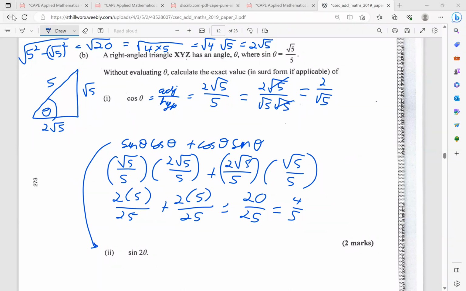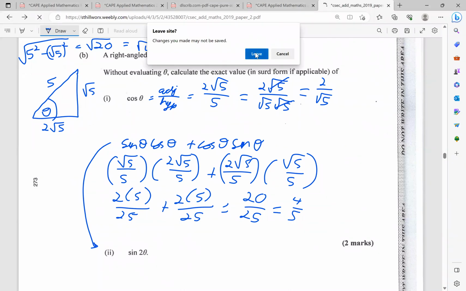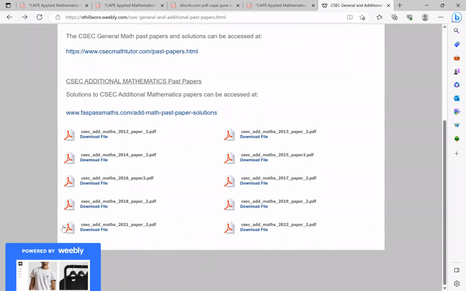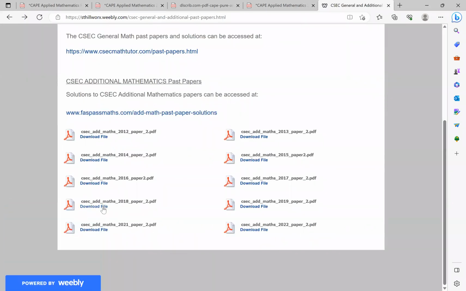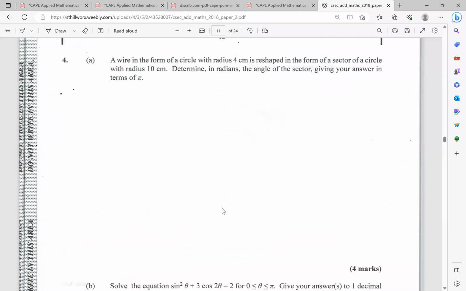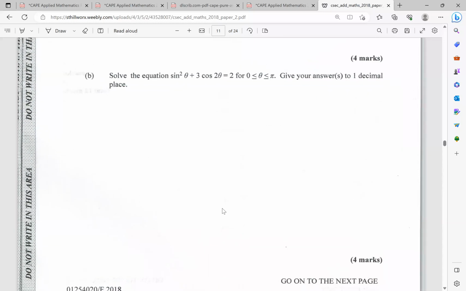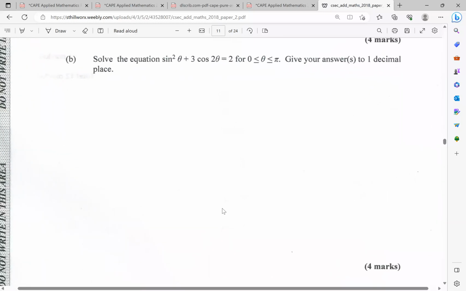All right. So look at the 2018 people, and then we'll do some logs, indices, and series. All right, so we'll do this one, and then we'll do the proof as well.